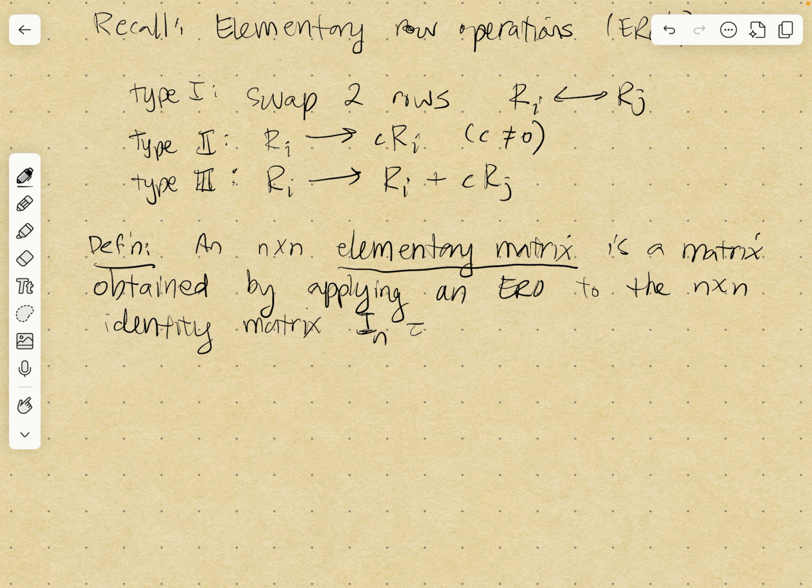So let's just recall that I sub n is the n by n matrix where you have 1s on the diagonal and then 0s everywhere else.